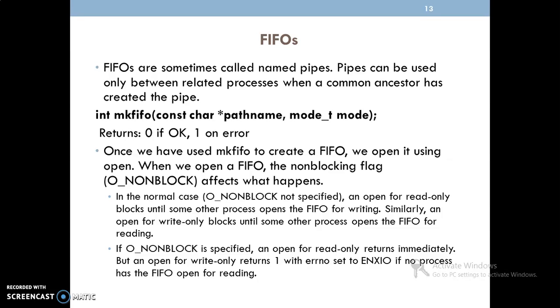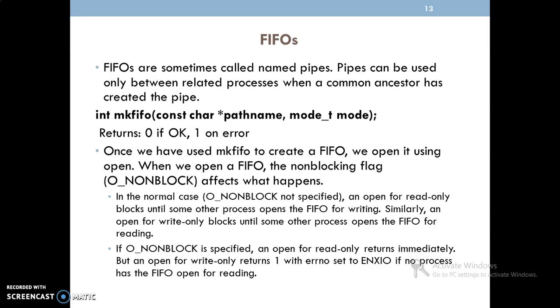I think we already discussed as part of the open API, an open for read-only blocks until some other process opens the FIFO for writing. Similarly, an open for write-only blocks until some other process opens the FIFO for reading.